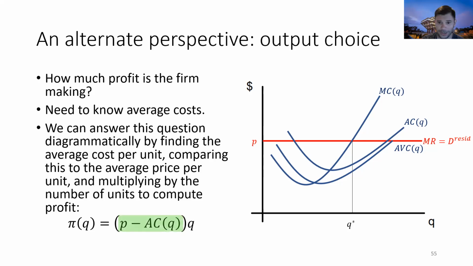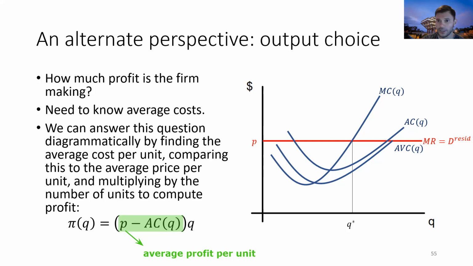This term in green is the average profit per unit. And then we multiply that by Q, which is the total number of units, and that should give us the total profit. Is that right? If you distribute Q in, you should get total revenue minus total cost.